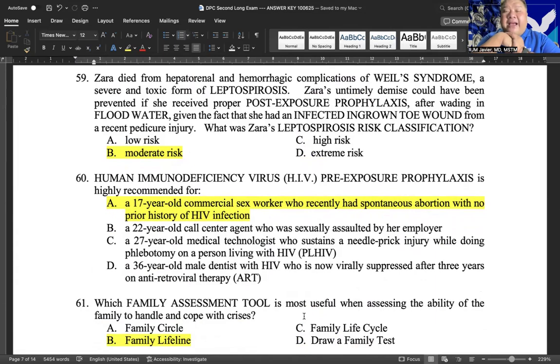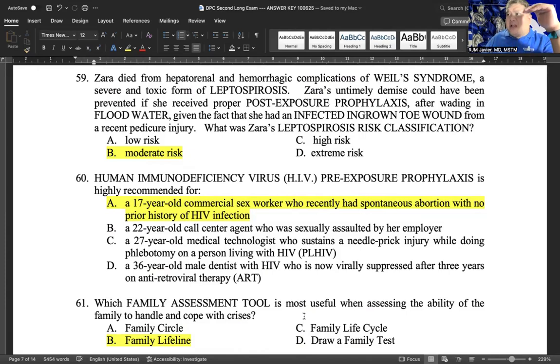Number 59. Zara died from hepatorenal and hemorrhagic complications of Weil's syndrome, a severe and toxic form of leptospirosis. Zara's untimely demise could have been prevented if she received proper post-exposure prophylaxis after wading in flood water, given the fact that she had an infected ingrown toe wound from a recent pedicure injury. So if you are familiar with the risk stratification of leptospirosis, this was presented in the lecture slide deck that I gave you.